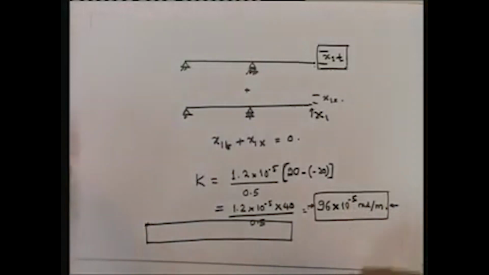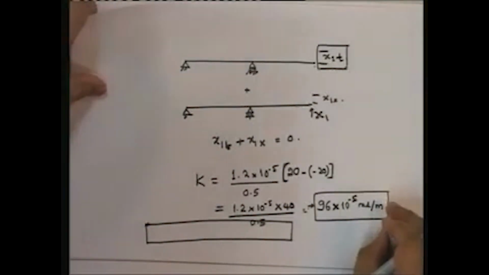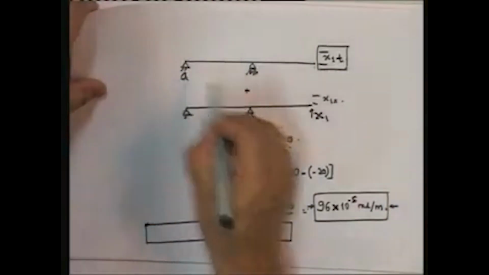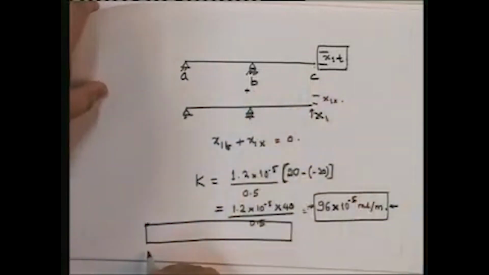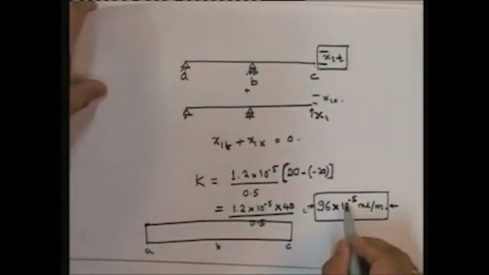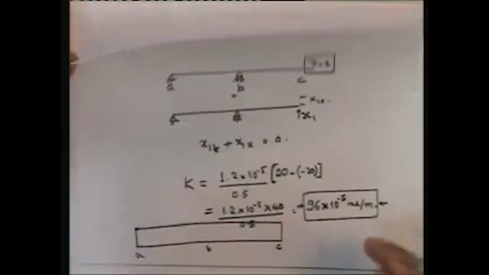Okay. Now, if I put A, B, C, due to the temperature, I have a constant flexure across the entire beam of 96 into 10 to the power of minus 5 radians per meter.